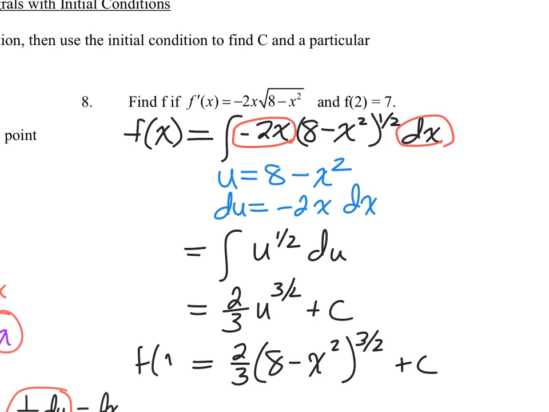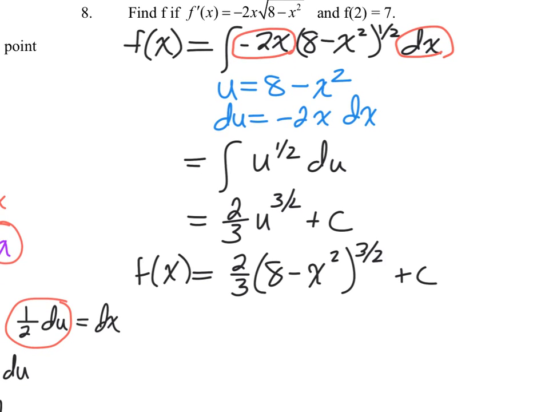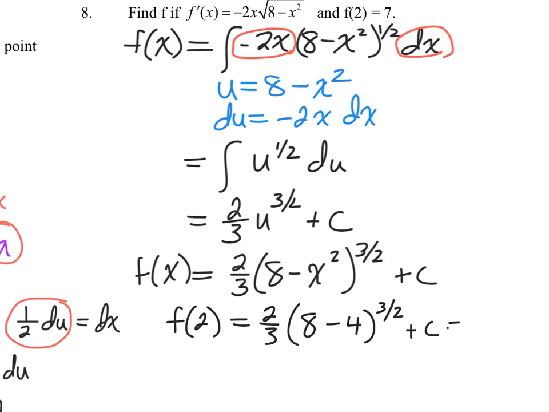So that's my f(x), and I just have to figure out what c is. I'm given the condition that f(2) is equal to 7, so f(2) is equal to 2/3 times (8 minus 4) to the 3/2 plus c equals 7. 8 minus 4 is 4, and 4 to the 3/2 power is what? 8, right?